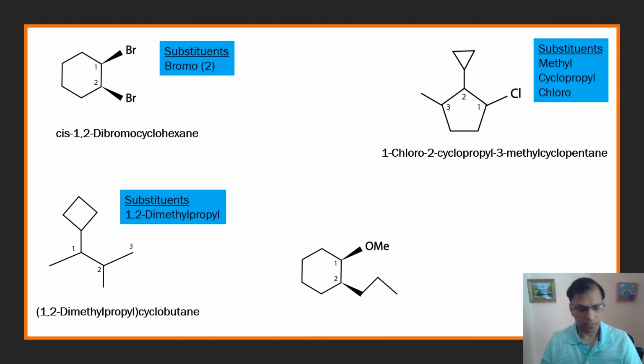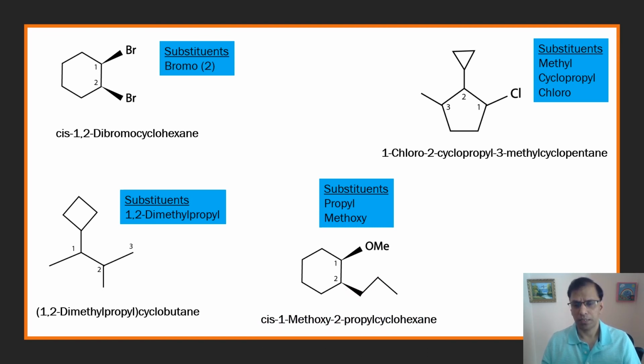In this case, this is a 6-membered ring right here, and this OM is the methoxy group, and this is the propyl group. And so it's numbered in alphabetical order again. It's called cis because both the substituents are on the same side. Okay, so it's called cis 1-methoxy 2-propyl cyclohexane.